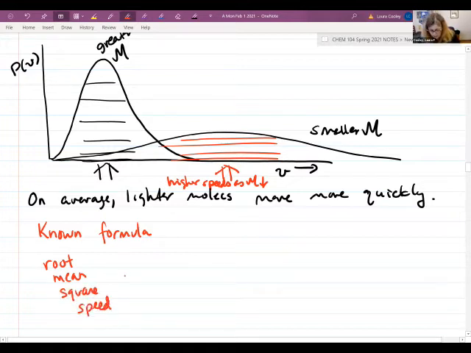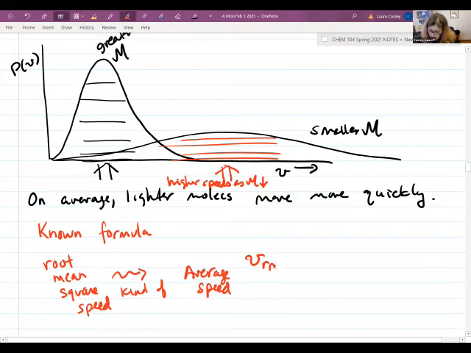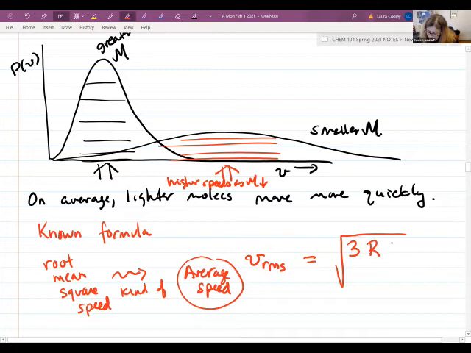But you can think about it as a kind of average speed, although we call it the VRMS. It's actually the average of the squares of the speeds, square rooted. So don't worry about it. You can think of it as an average speed, and it is equal to the square root of 3 times the gas constant times the temperature over the molar mass.